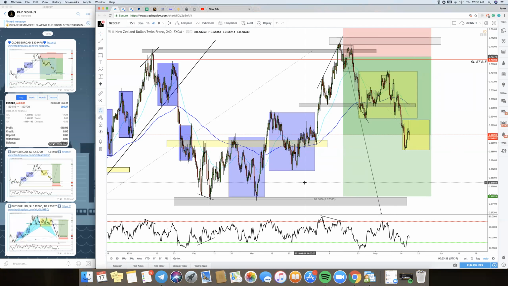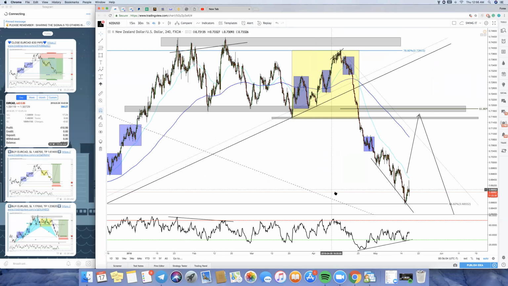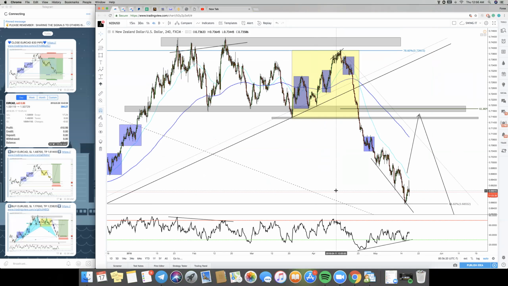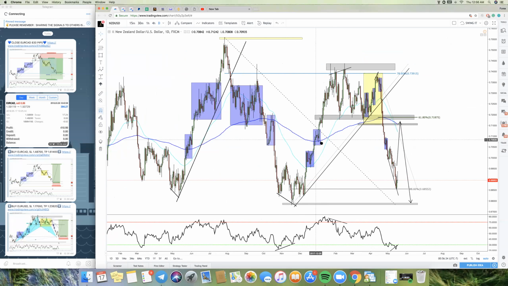All right. Next is NZD USD. All right, NZD USD is like W level 1, level 2, M formation level 1, didn't break the high.